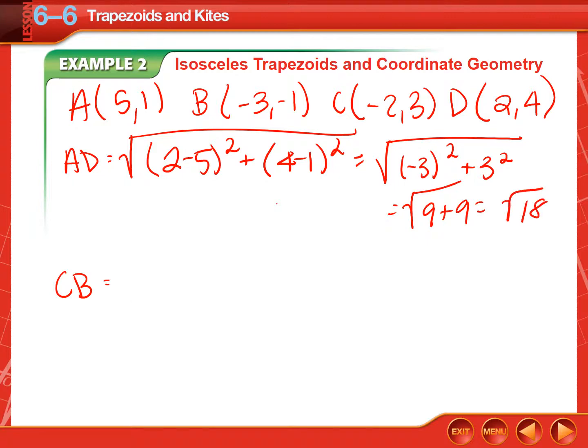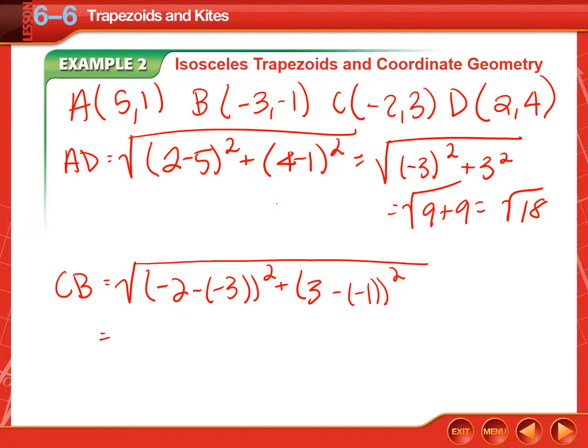Now CB, we've got (-2 minus -3) squared plus (3 minus -1) squared. And so that's the square root of, negative 2 plus 3 is 1 squared, plus 3 plus 4 is 4 squared.